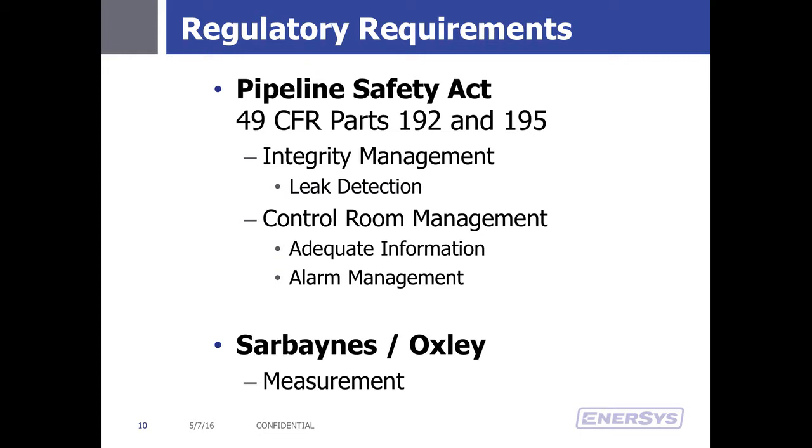And then there's control room management, where they have requirements for adequate information, which is about the HMI and about the information available to the controllers so they can maintain effective control of operations. And then you've got requirements for alarm management. Those are operating requirements.